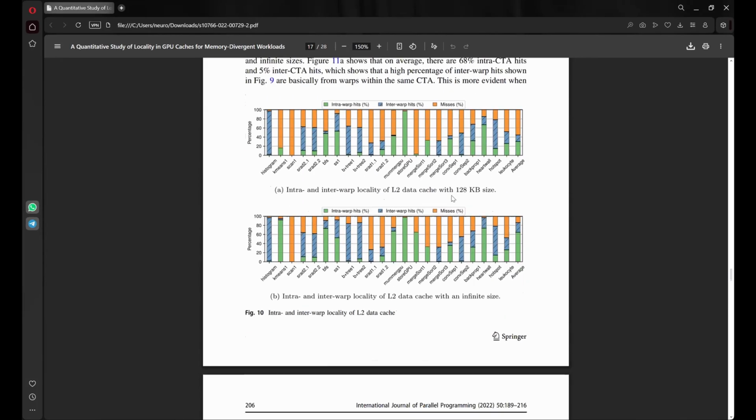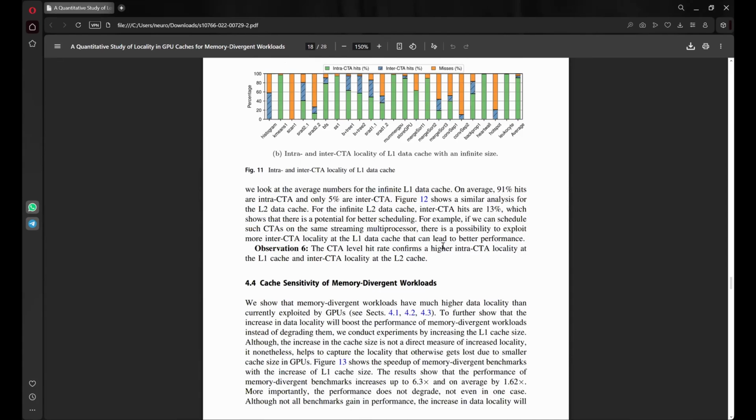What they found is that for infinite L2 data cache, inter-CTA hits are 13%, which shows that there's potential for better scheduling. For example, if we can schedule such CTAs on the same SM, there's a possibility to exploit more inter-CTA locality at the L1 data cache level.